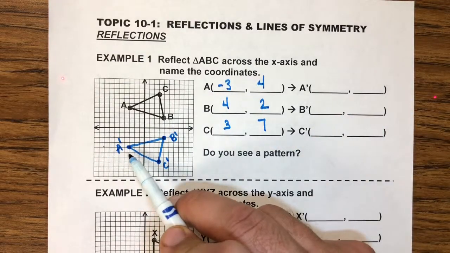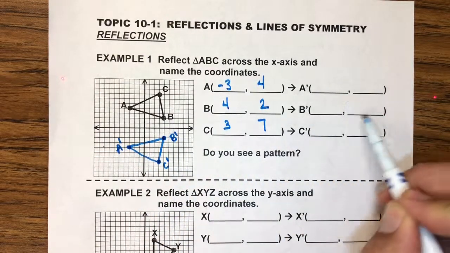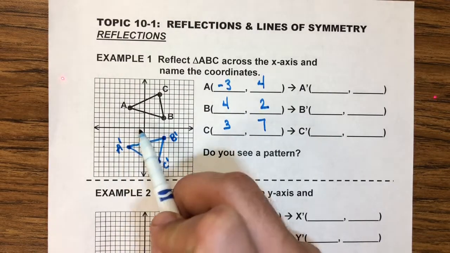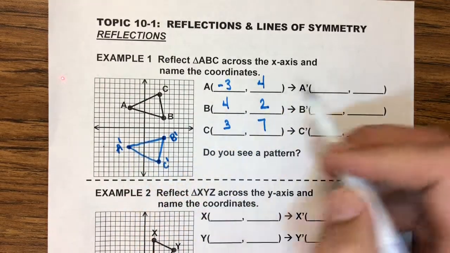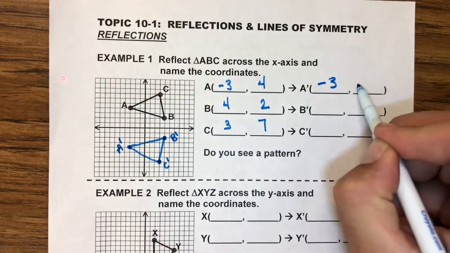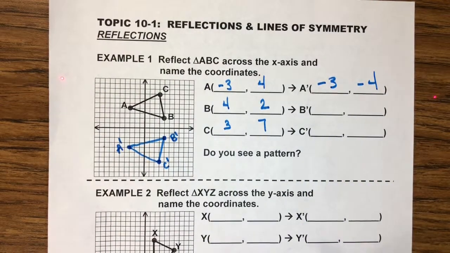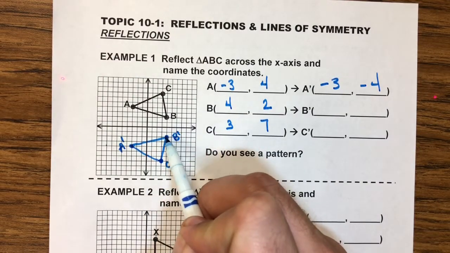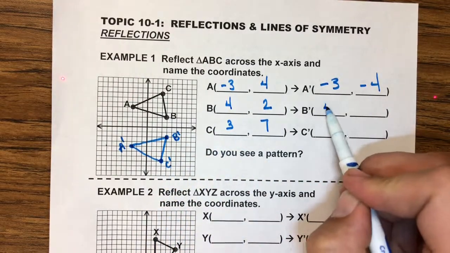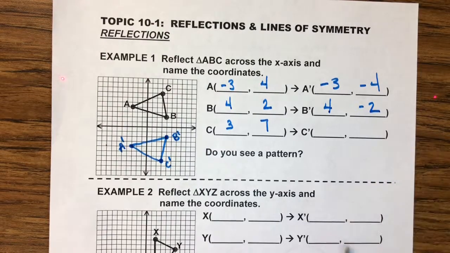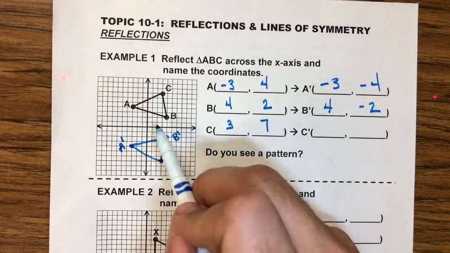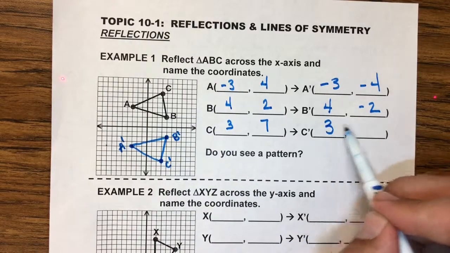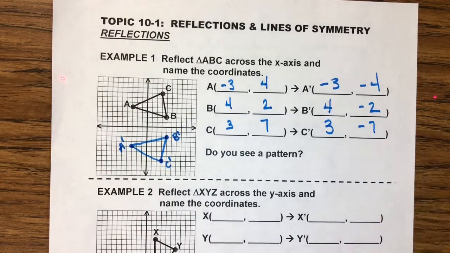We need to go and place each coordinate into the appropriate spot. So A now is going to be at -3, -4. B, the 4 stays the same. We reflect down to -2. And then the C, if we count it out, it is going to be 3 to the right, 7 down. So that's 3 and -7.